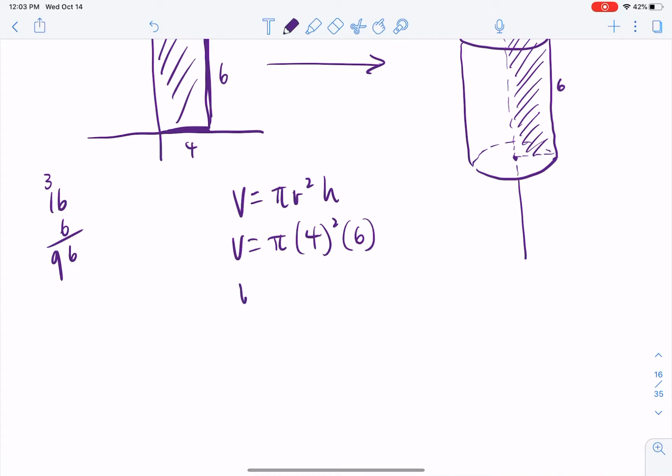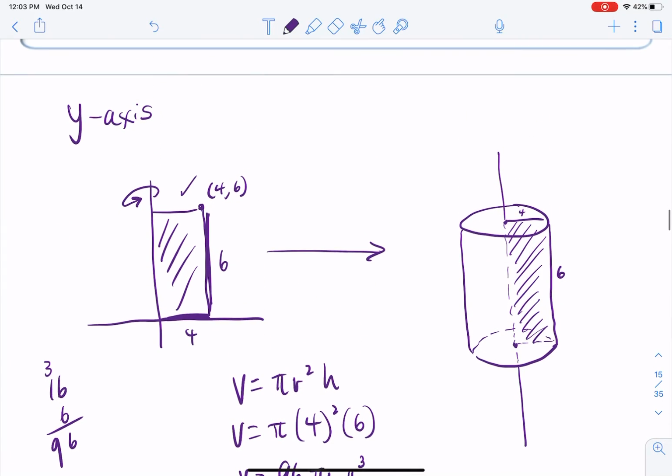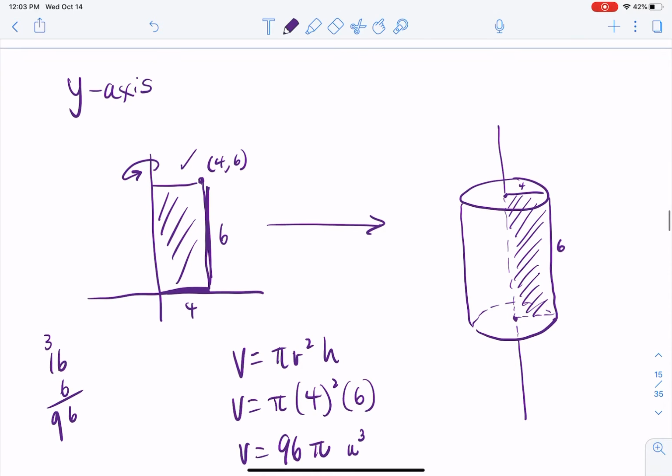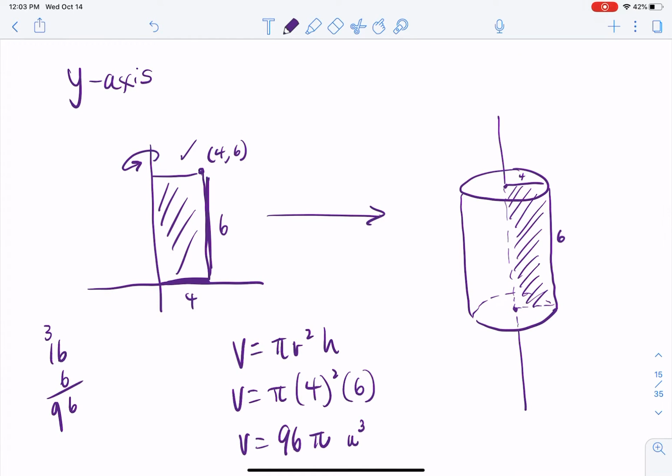I got a total of 96 pi. This is in the coordinate plane with no specific units, so I'll just call it units cubed. All right, there we have it around the y-axis.